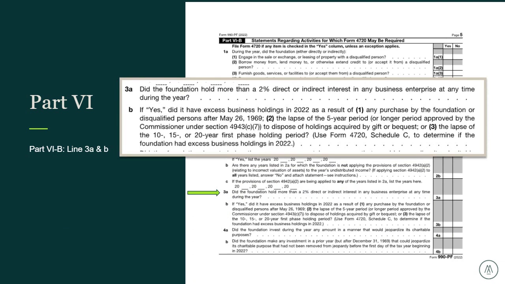Okay. So this particular question, question 3, deals with business enterprises and whether an organization has excess business holdings. And so answering yes or no depends on the answer after that, you might be required to file either Form 4720 or attach a little bit more explanation here. So just calling that out.